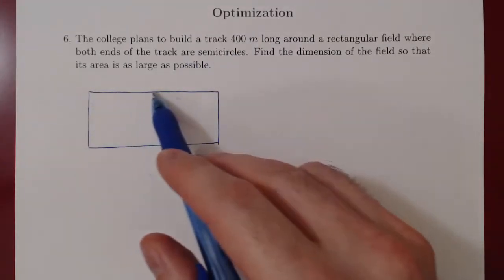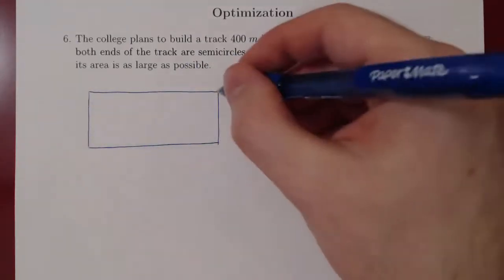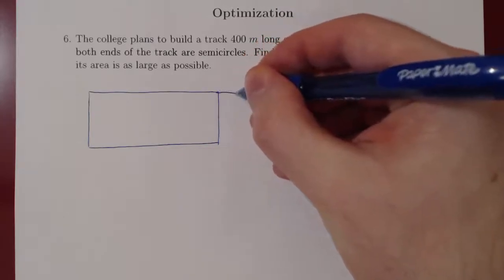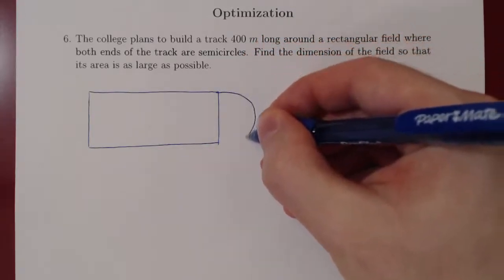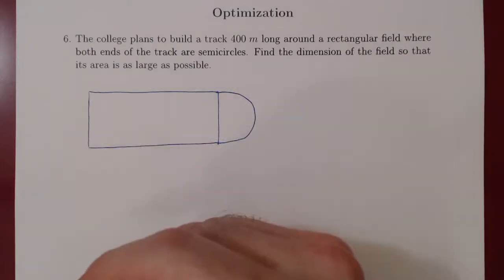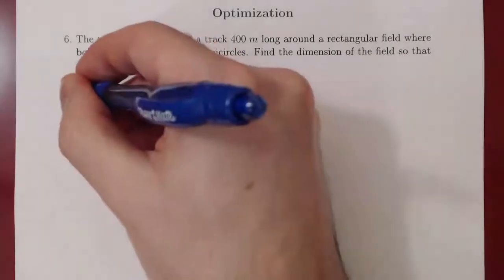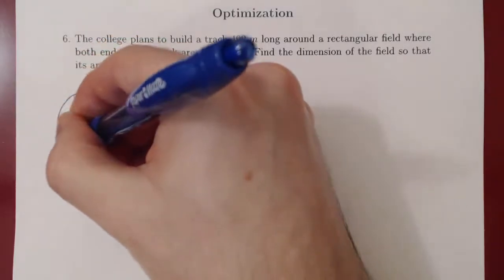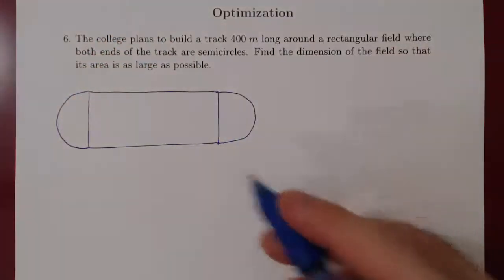So we have the track. When we get here, we have a semicircle. And then we continue on the track, and the other end is also a semicircle. So this is our track, right?